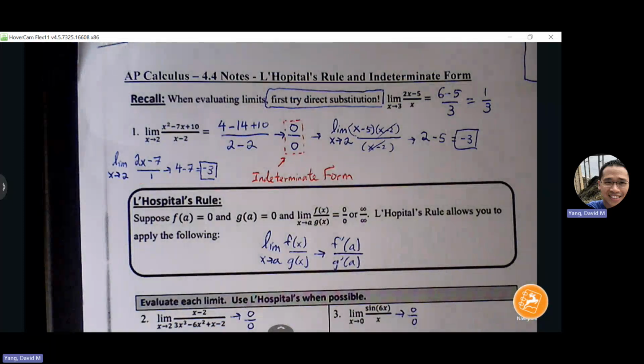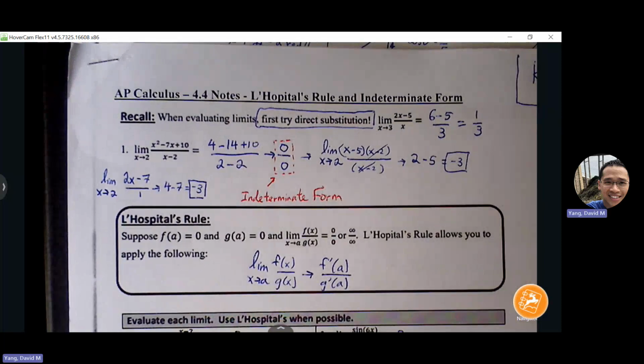It's only under the context of a limit that I can evaluate the numerator and denominator separately, because this will take me to the limit. But we never want to do this if I'm asking for a derivative of a function where there's a numerator and denominator. I still have to go through quotient rule for that. So I can't just do L'Hopital's rule in place of quotient rule, if that makes sense.